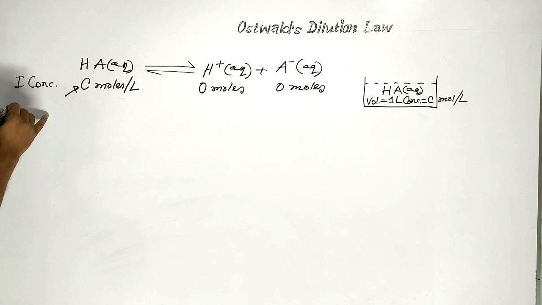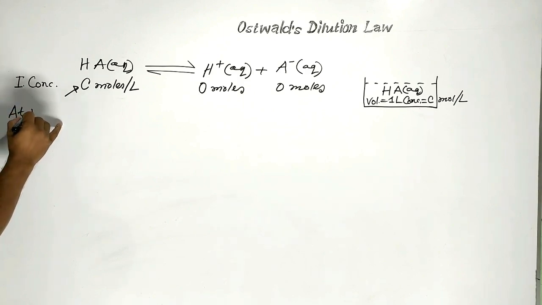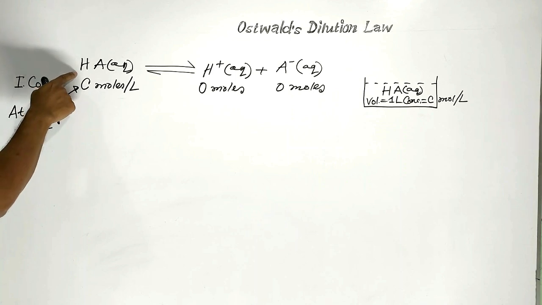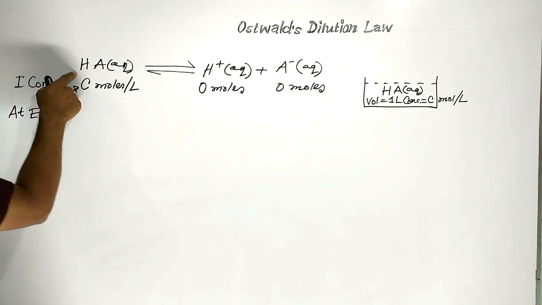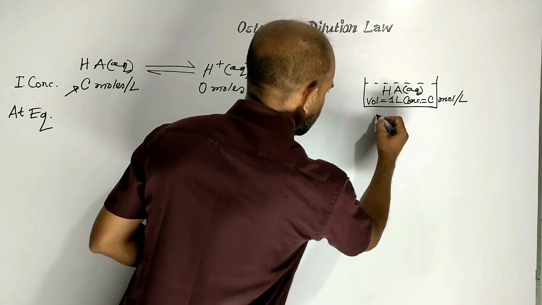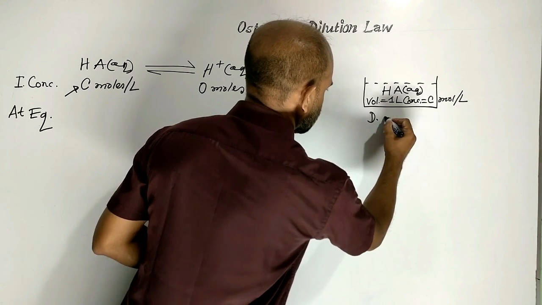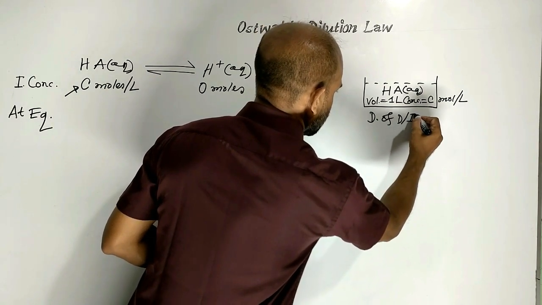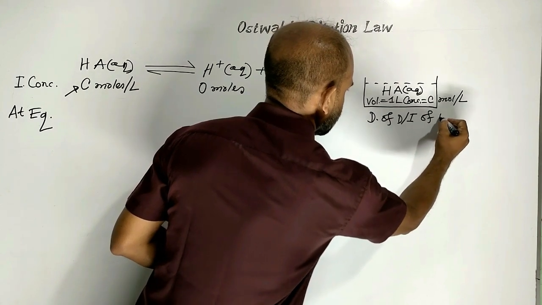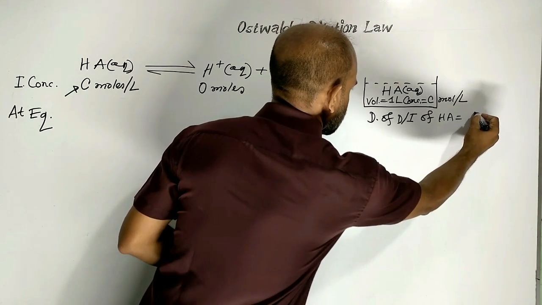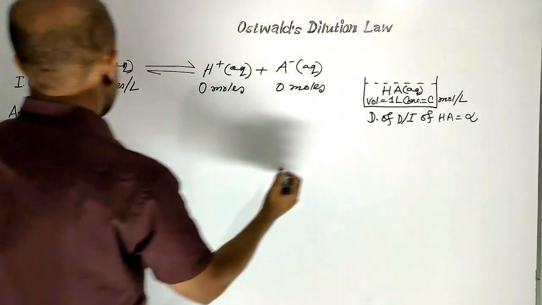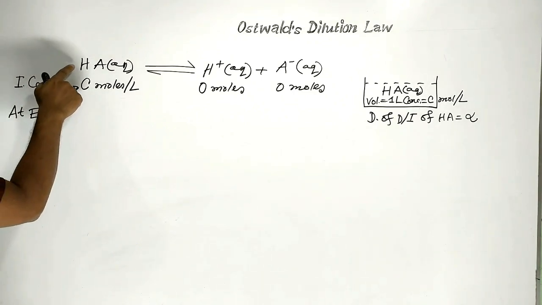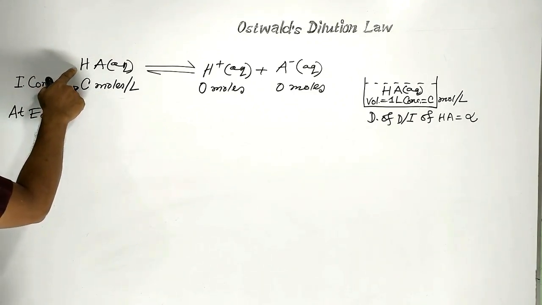But at equilibrium, what is the number of moles of HA? Here, degree of dissociation or degree of ionization of HA is alpha. Then at equilibrium, what is the number of moles of HA?